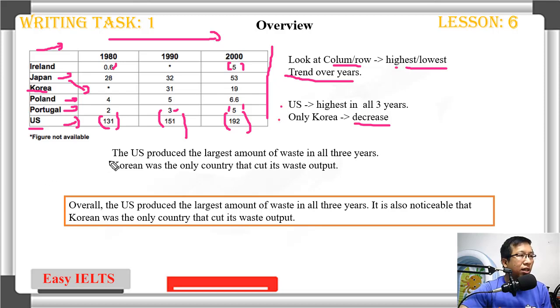So we have the overview right here. Overall, the US reduced the largest amount of waste in 3 years, and we use this phrase to connect to the second sentence. It is also noticeable that Korea was the only country that cut its waste output. So instead of using the amount of waste reduced, we can use waste output.